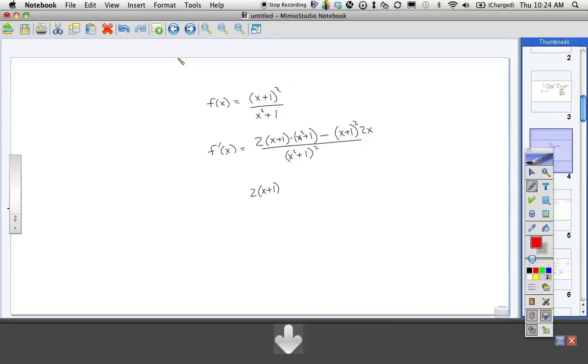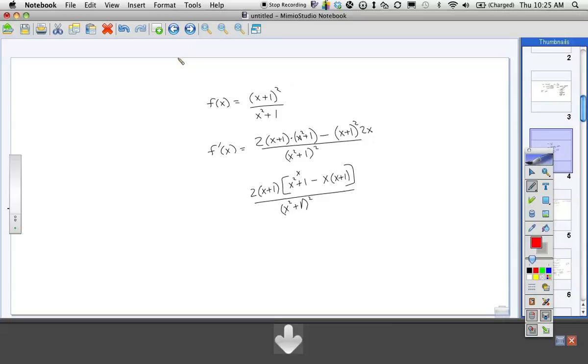Now, I think you're right. If I take out a 2 and an x plus 1, we'd end up with an x squared plus 1. I took out the 2, so that would leave me an x and x plus 1, right? And so we'd end up with this.